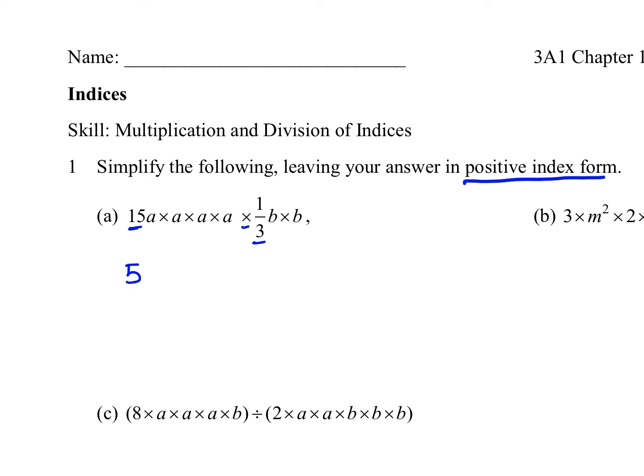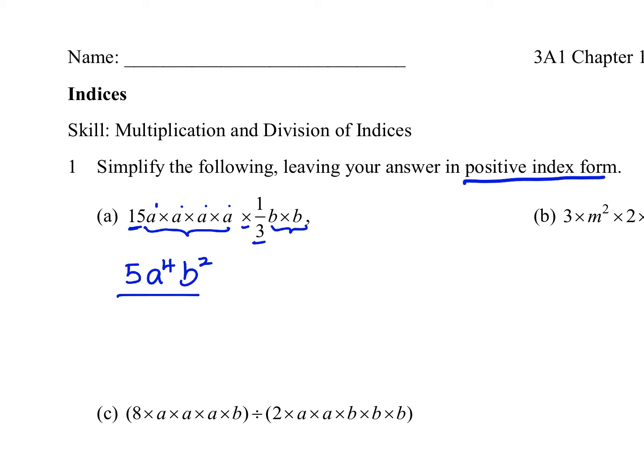And then now we'll look at our indices for our algebra. So this is a times a times a times a, so it's actually a to the power of 4. Multiplied by b times b, so this is b to the power of 2, b squared. This should be the final answer.